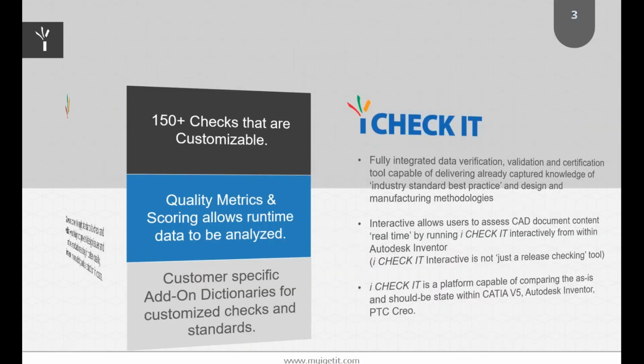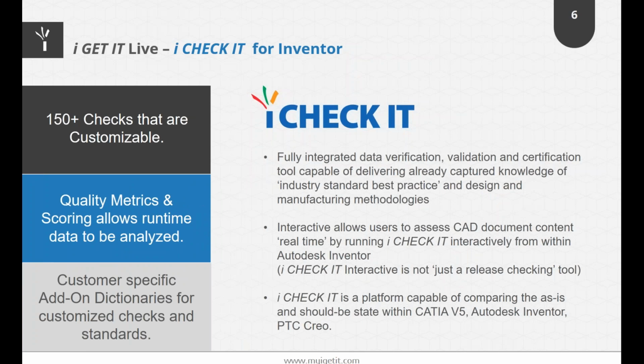One other thing with iCheckIt: we currently have over 150 checks that are customizable and already preset within the software. It uses quality metrics and scoring. And if there's a check you need that's specific to you and we don't already have it, we also have the ability to add customer-specific add-ons for the dictionary.